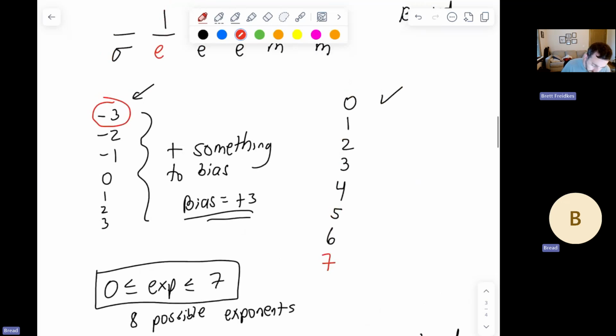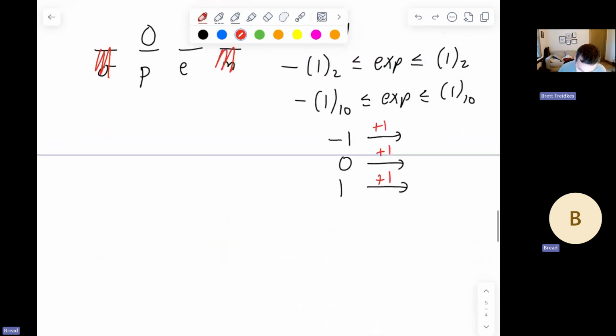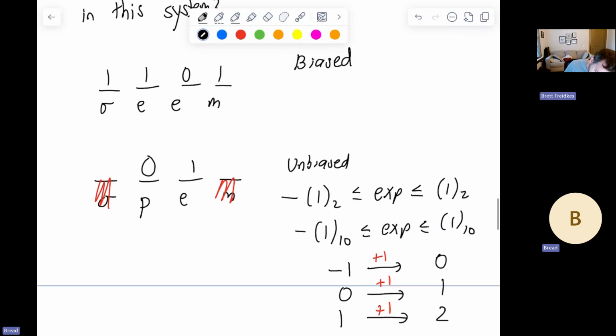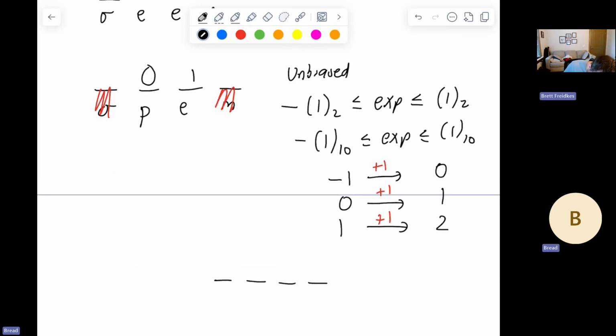Coming back up to the earlier one, we looked at the worst case scenario, which was -3. We added 3 to bias it. In this problem, -1 was the worst case. So if we add 1 to everything, we end up with a system with no negative numbers. And again, when we look at this bias system, just for teaching purposes, not this example, I know that the lowest number I can have is 0. The next number I can have is 0, 1.